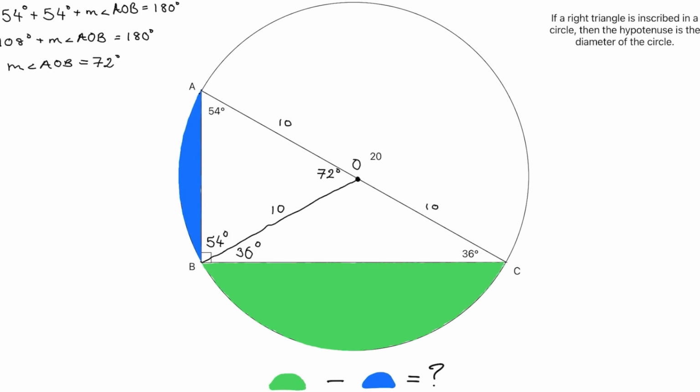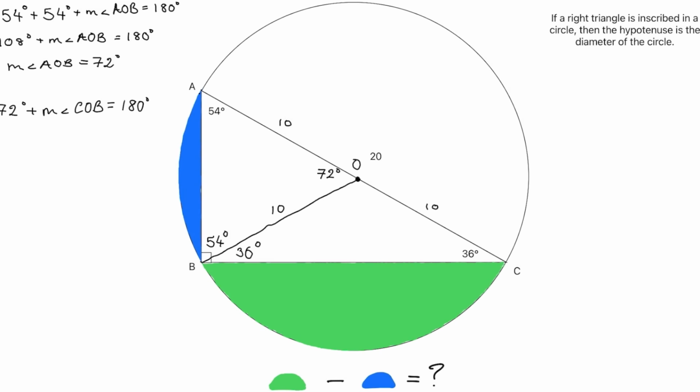Now, we know that angles AOB and COB are supplementary, meaning they add up to 180 degrees, which is the measure of a straight line. Using this, we can say that the measure of angle AOB, which is 72, plus the measure of angle COB, equals 180 degrees.